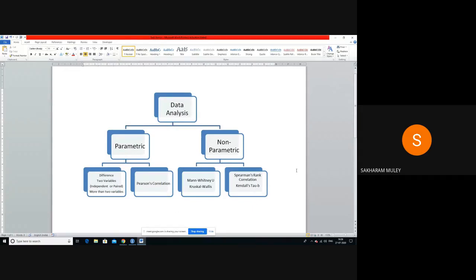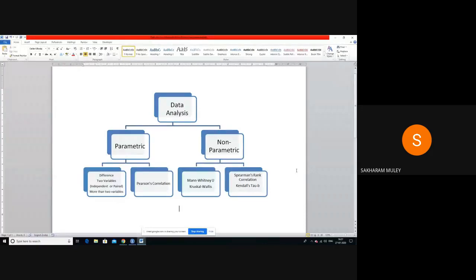There are two types of analysis we always have: hypothesis-driven analysis, and exploratory type analysis. In hypothesis-driven analysis, we need to identify dependent variables and independent variables. Even in exploratory analysis, we need to identify the dependent and independent variables. The basic purpose of any data analysis is either to find the difference between certain parameters or to find the association.